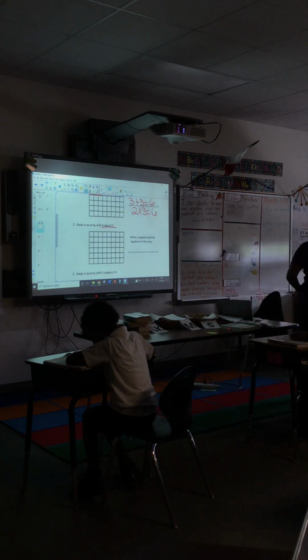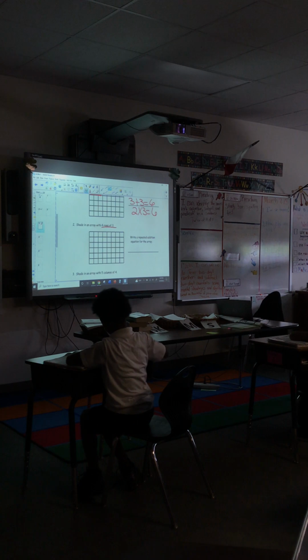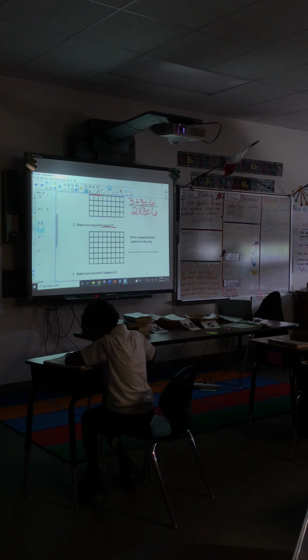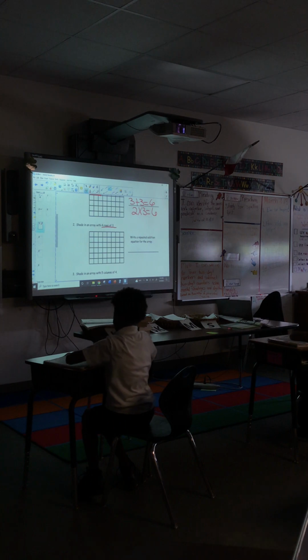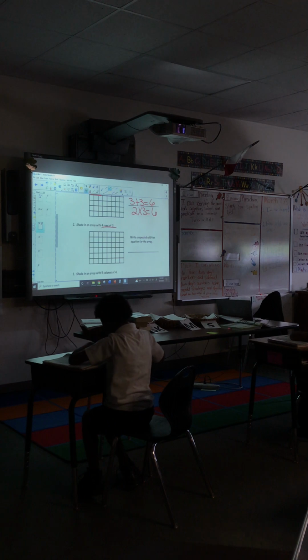It says draw and shade in an array, 4 rows. What are you doing? We're on number 2. Number 2. We are shading in the array with 4 rows of 3s.